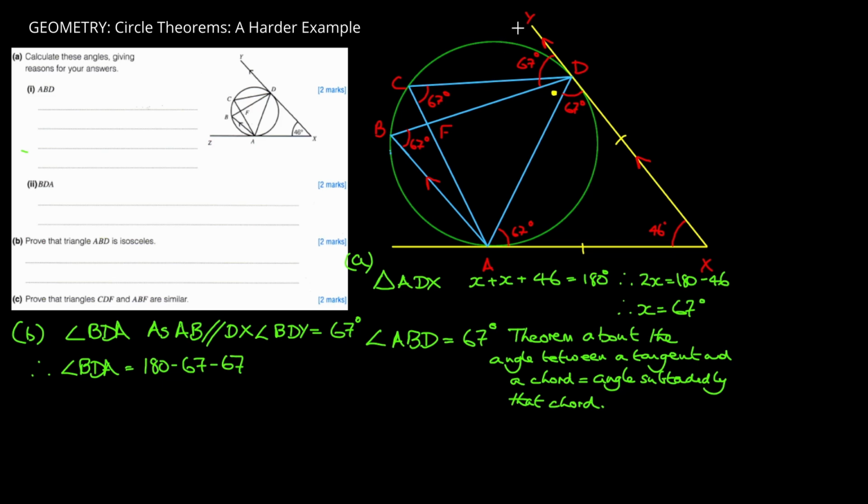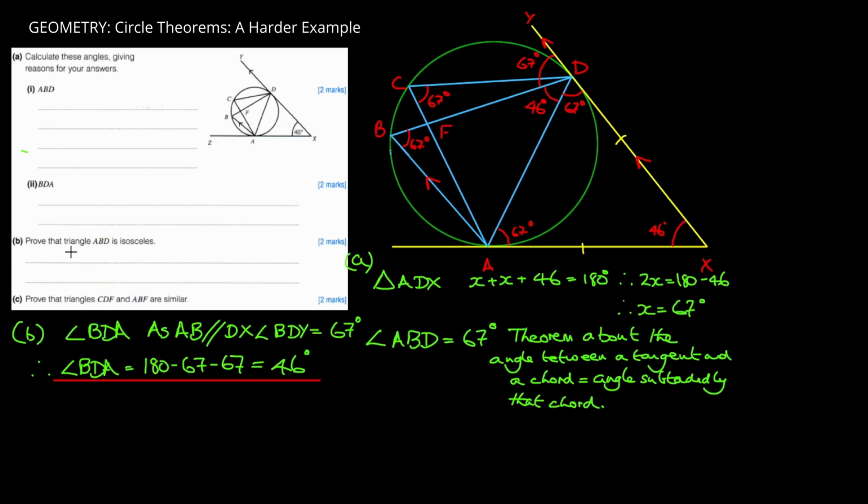And the reason for that is that they all exist on the same straight line. Look, 67 plus our yellow dotted angle, that's the one we want, and another 67. And this turns out to be 46 degrees. So that's the answer to part B. And we can pop that on the diagram.